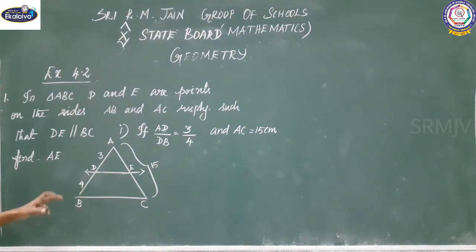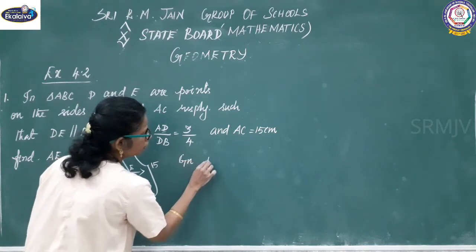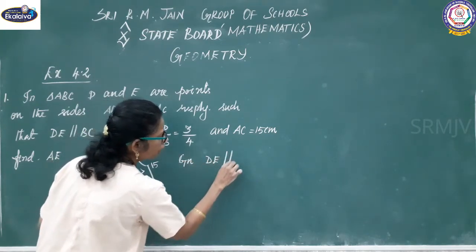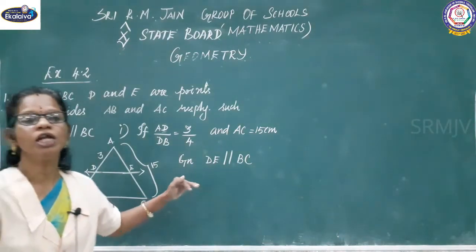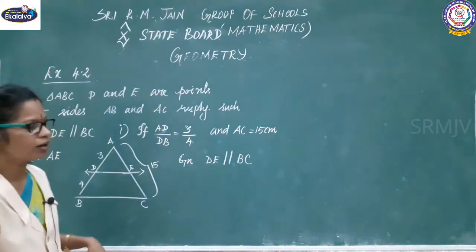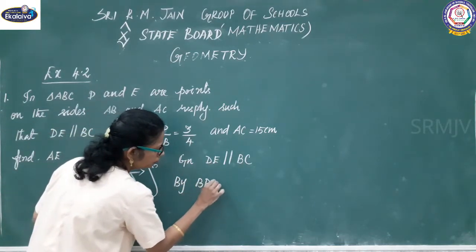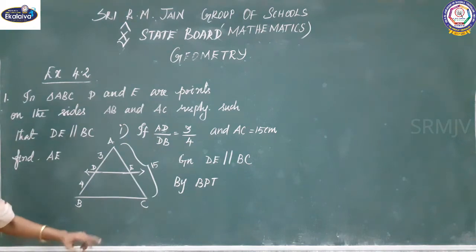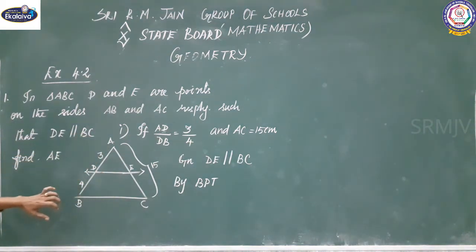What is AE? See here, given DE parallel to BC. The word parallel will help you to find a solution, right? By BPT, what is your conclusion? If the line is parallel, the ratios are equal, right?